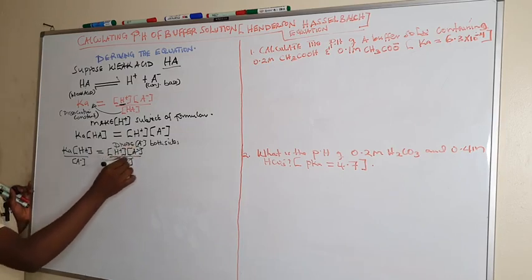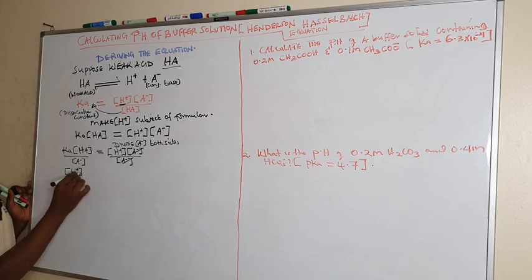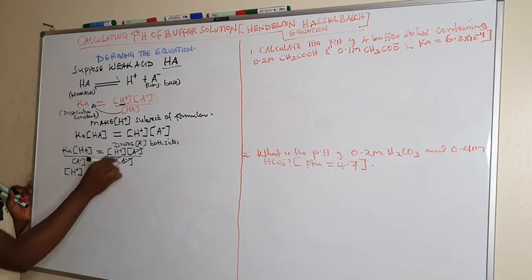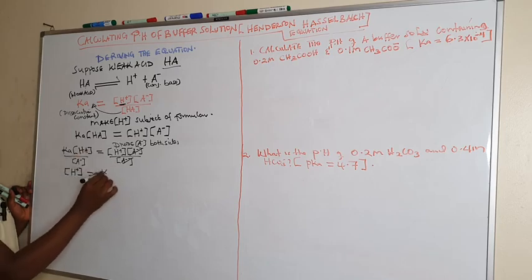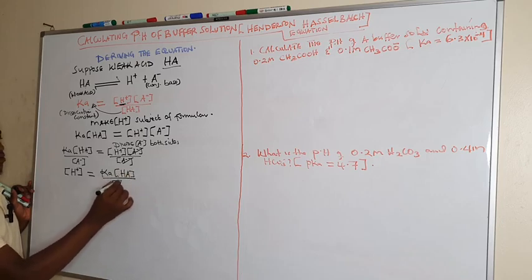This conjugate base goes with this, and we are going to remain with the concentration of hydrogen ion being the same as, just rearranging, Ka multiplied by, in brackets, the concentration of the weak acid divided by the concentration of the conjugate base.